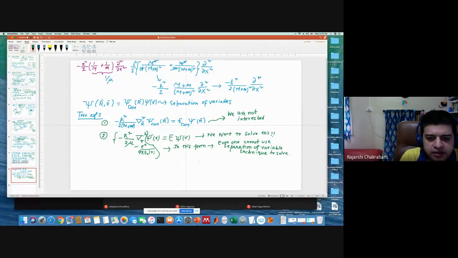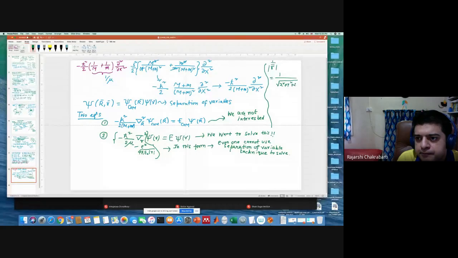Why? The reason is as follows, because your 1 over r is 1 over the square root of x squared plus y squared plus z squared. So your Hamiltonian you cannot separate into x part plus y part plus z part. You understand? This can be done only when you have cubic or rectangular kind of symmetry. But in this case, you don't have this.